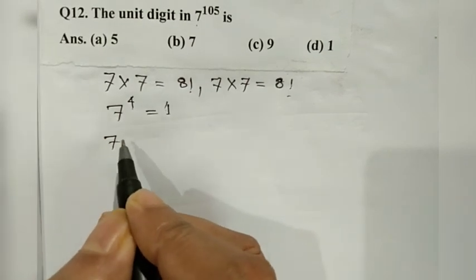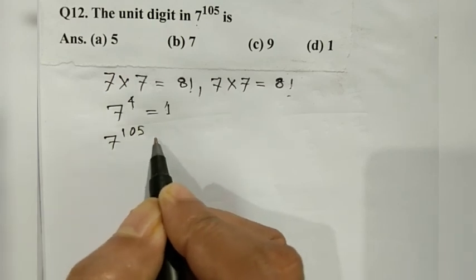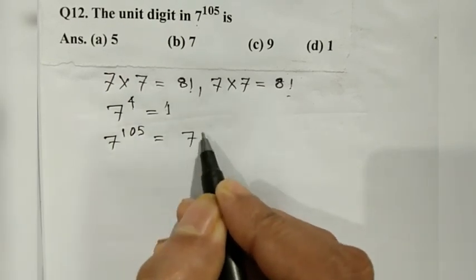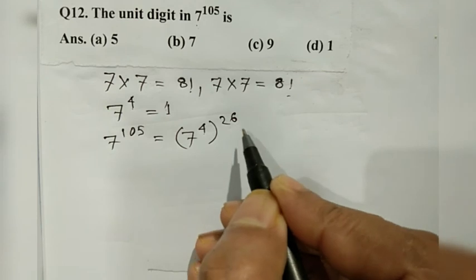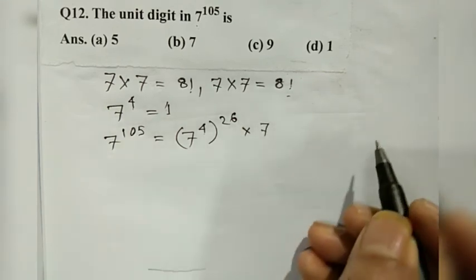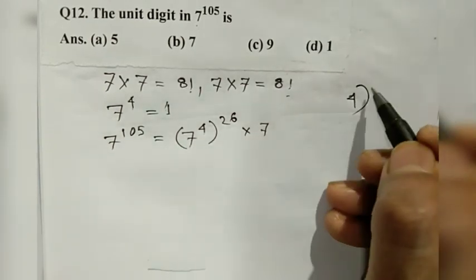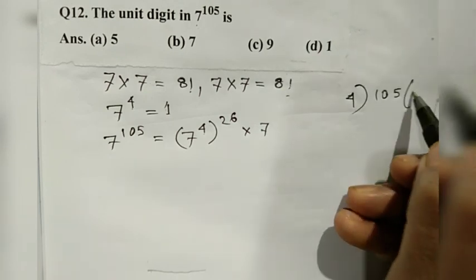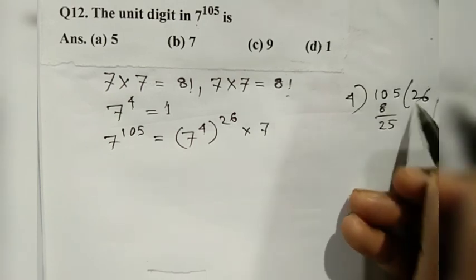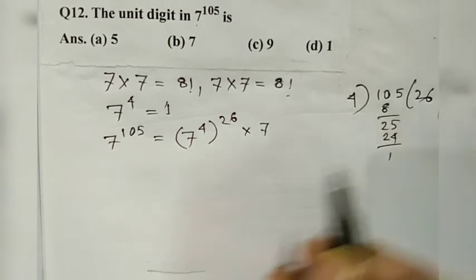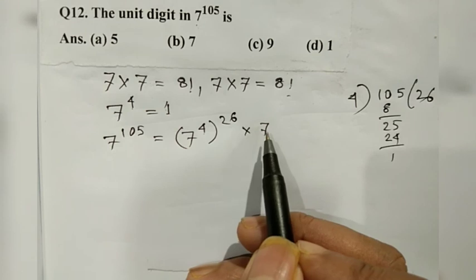Then 7 to the power 105 equals 7 to the power 4, whole power 26, into 7.